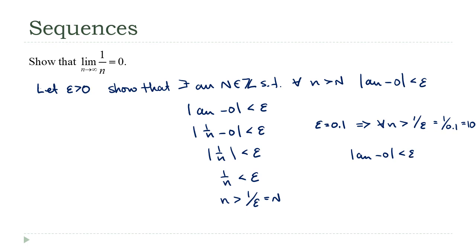And we can see this. Let's pick a specific value just to confirm it. If we let n equal 11, then a sub n is 1 over 11, which is 0.09, which is less than 0.1. It is less than our epsilon.